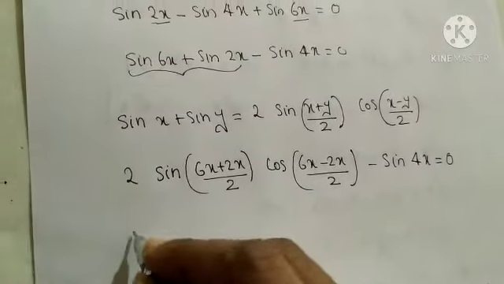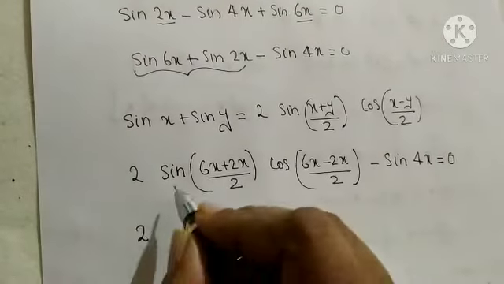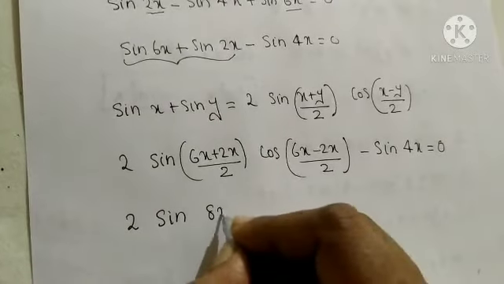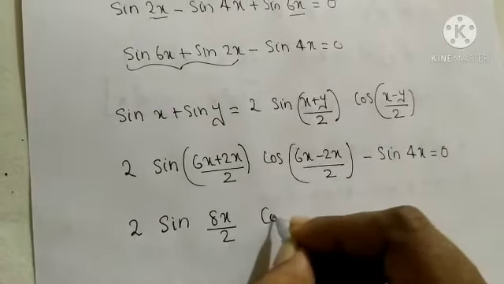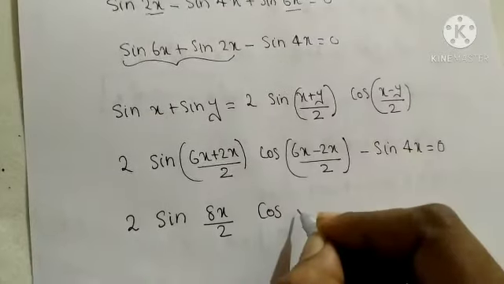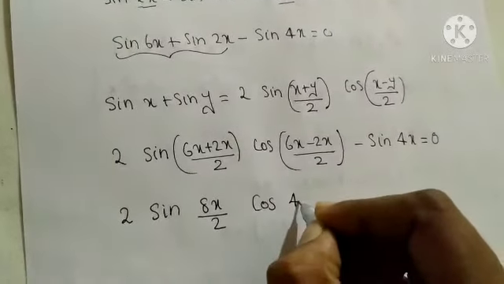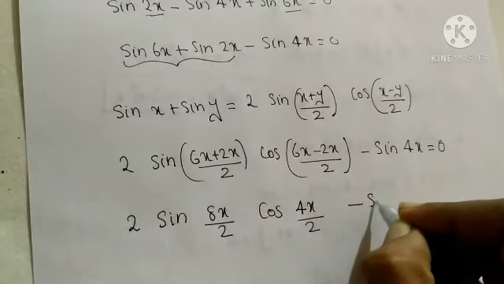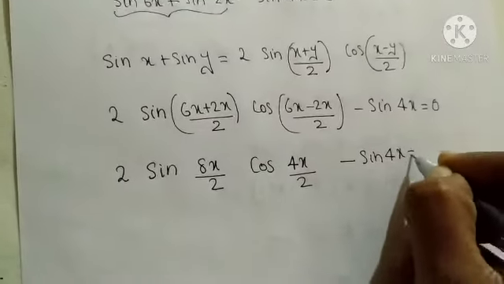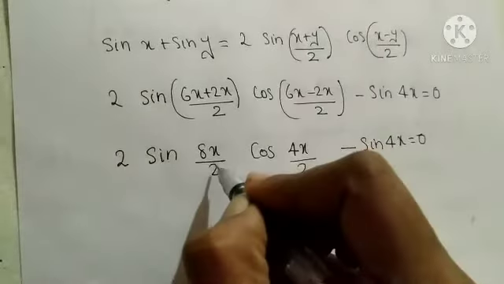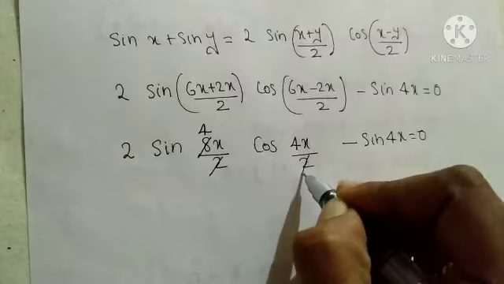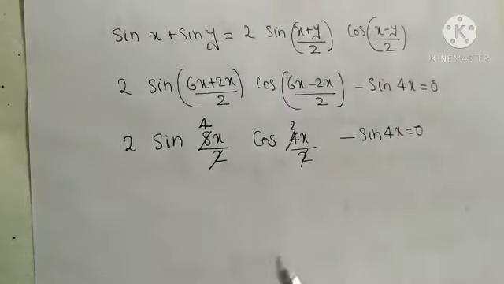Okay. So this will become 2 sin of 6x plus 2x is 8x by 2 into cos of 6x minus 2x will be 4x, right? By 2 minus sin 4x equal to 0. And cancel this 2 and 8, here we get 4, and also this 2 and 4, here we get 2.